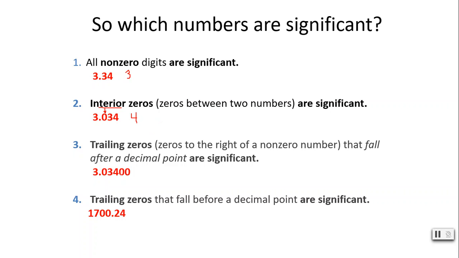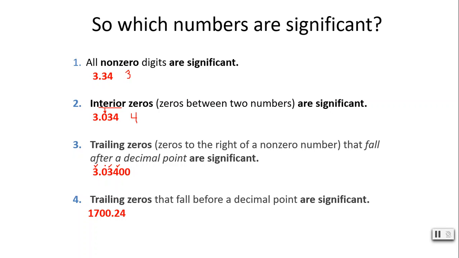Zeros that are trailing, meaning they fall to the right of a non-zero number and after a decimal point, are significant. So in this answer, 3.03400, obviously both 3's and the 4 are significant because they're non-zero.